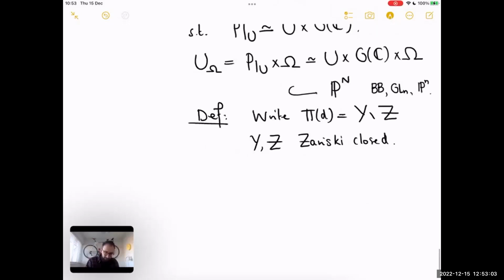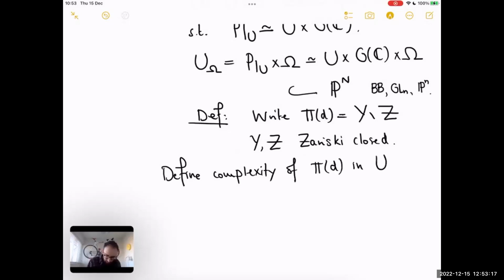And then I'll say that the complexity of pi d in U omega is simply the sum, the degree of Y intersect U omega plus the degree of Z intersect U omega.